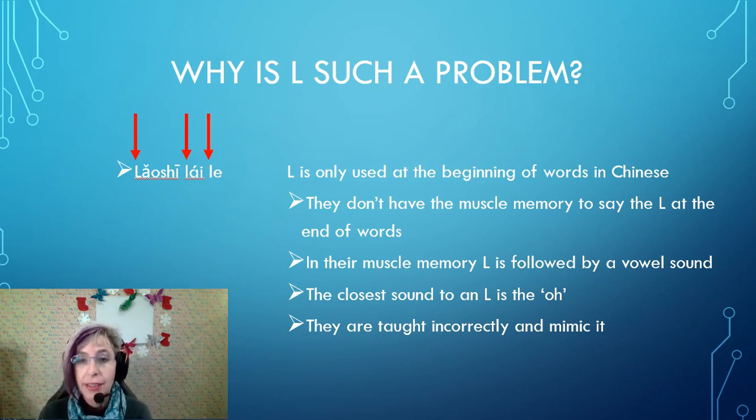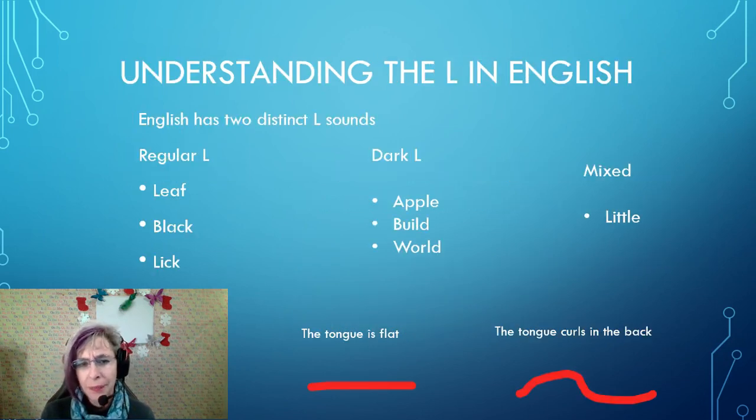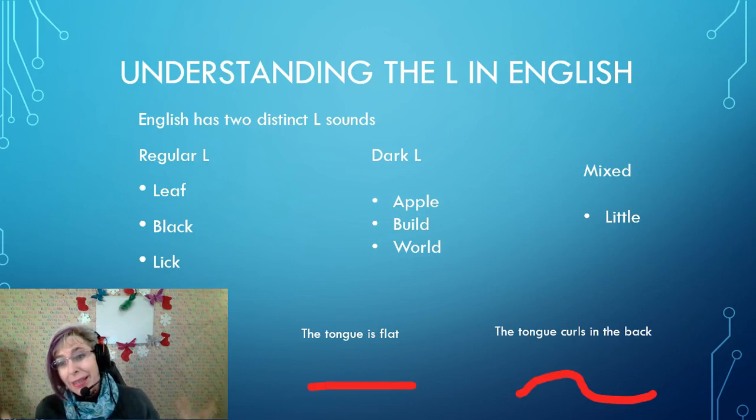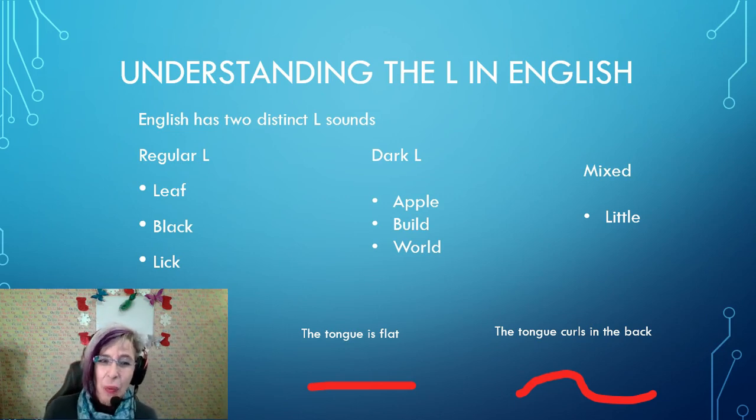And it just continues. So delving into this problem, I really had to figure this out. So I looked at English a little bit. And we speak English, we grow up speaking it, it's no big deal. But if you dig into it, we actually have 2 L sounds. We have the regular L, where your tongue stays flat. Leaf, black, lick. It's flat.